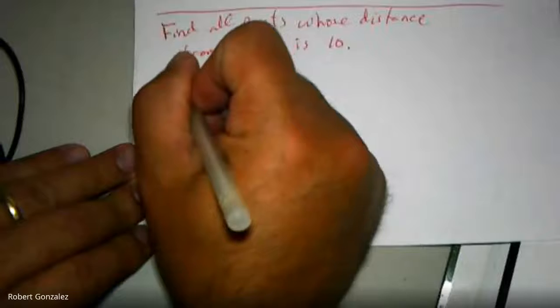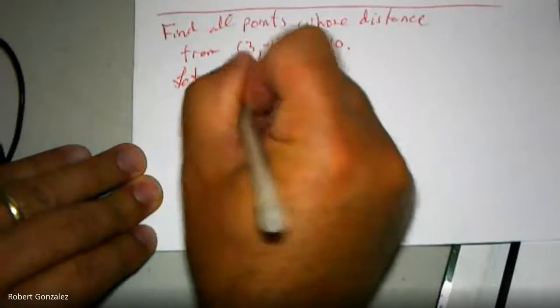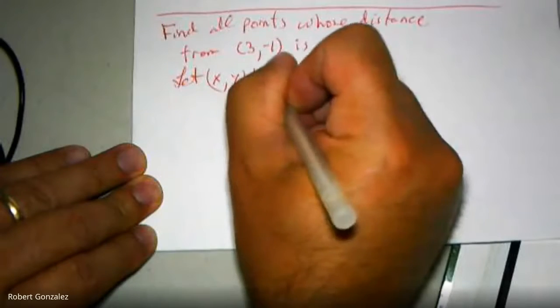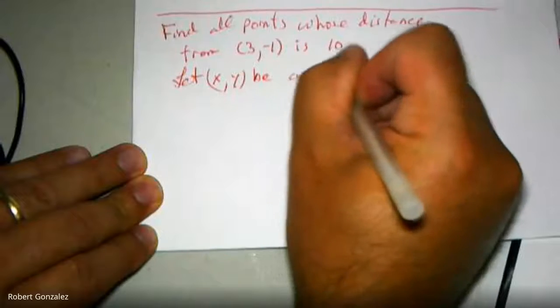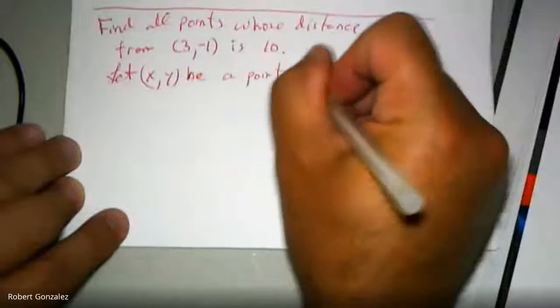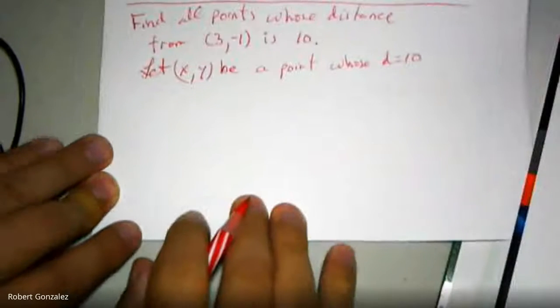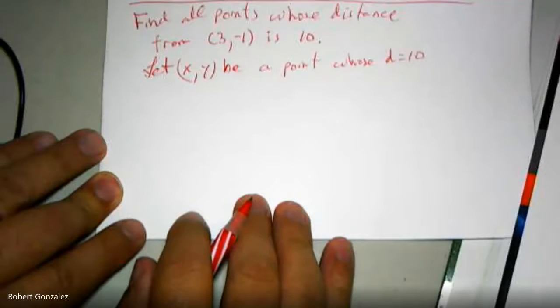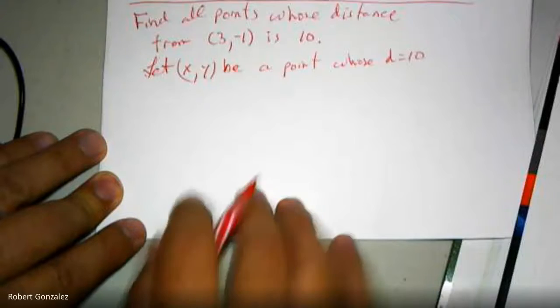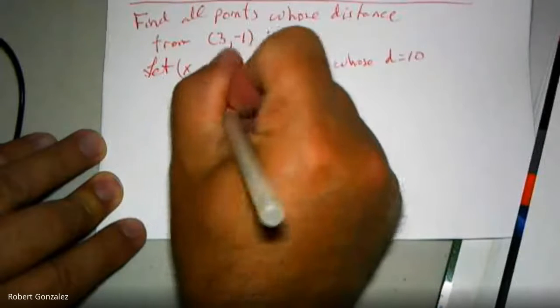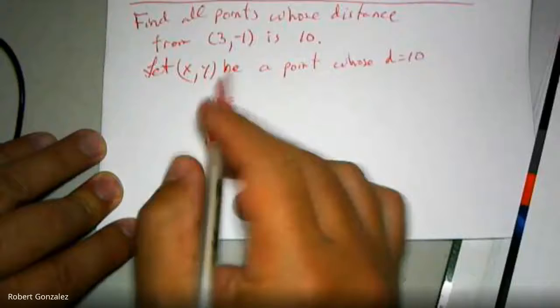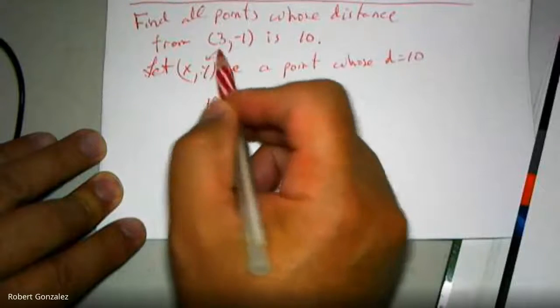So let (x, y) be a point whose distance is 10. I can apply the distance formula, and I'm going to use my first one, which said 10 squared equals, now I'm finding the distance between these 2 points.